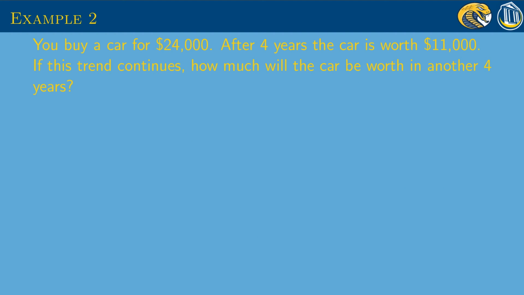Let's try one more. We'll buy a car for $24,000. After 4 years, we learn that the car is worth $11,000. And again, we're going to assume that this is decreasing exponentially and not linearly, and therefore the cost is going to be in the form a times b to the x, or actually 24,000 times b to the x.